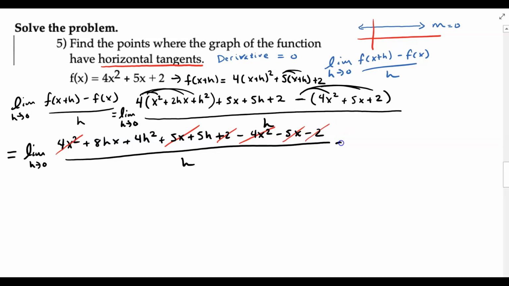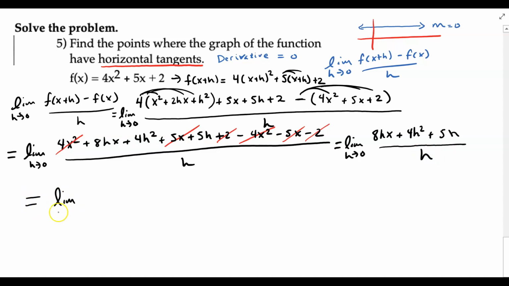We are left with the limit as h approaches 0 of 8hx plus 4h squared plus 5h, all divided by h. Now we can factor out the h in the denominator, and that leaves us with 8x plus 4h plus 5.